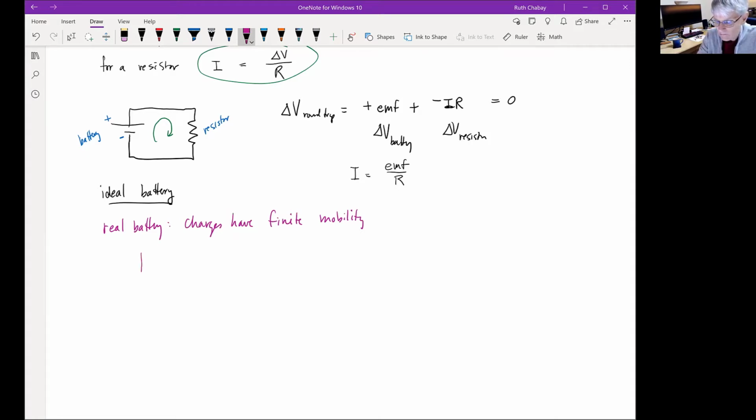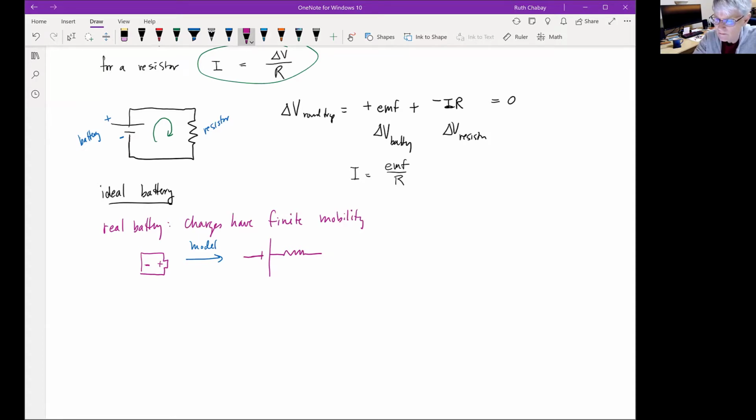And so a real battery can be modeled as if it was an ideal battery in series with a resistor that's actually inside the battery.